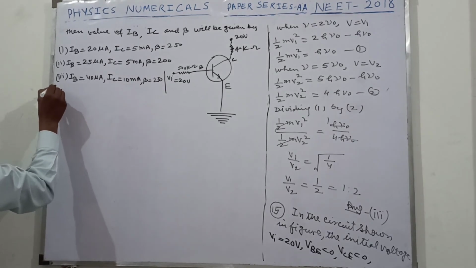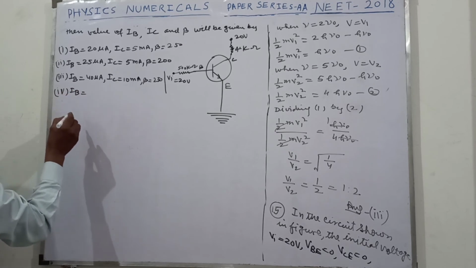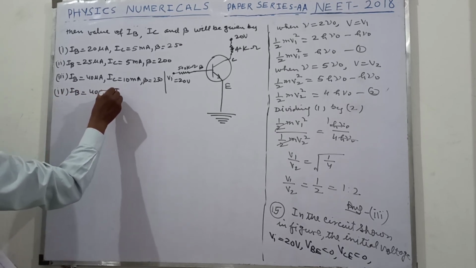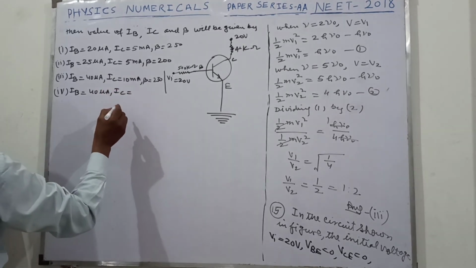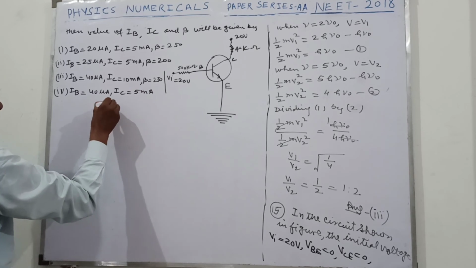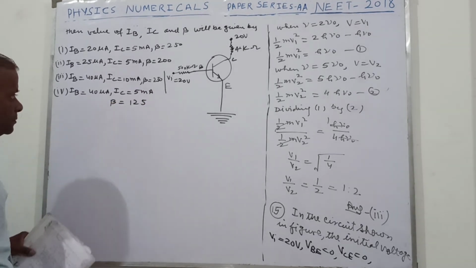And then fourth, IB equal to 40 microampere, IC equal to 5 milliampere, and beta equal to 125.